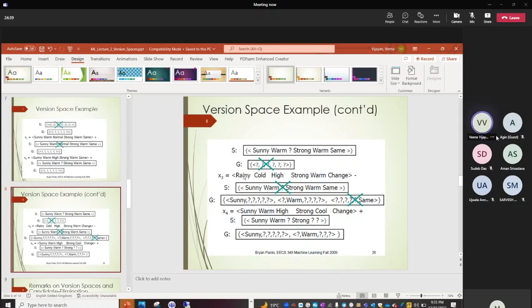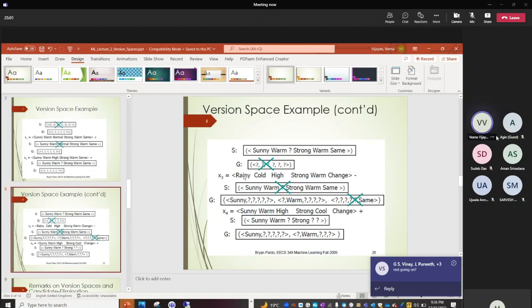For the negative case, the specific will remain the same. The generic we are changing. The generic cases we are framing. So we are checking what till now was the case. All sunny. Then the rainy is a negative case.